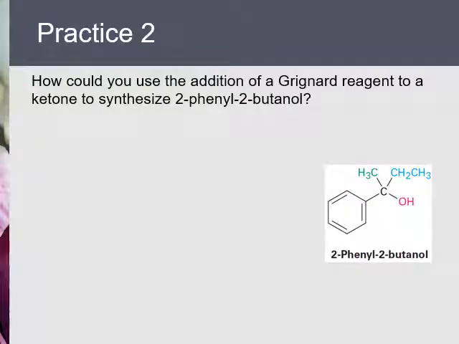Practice. How could you use the addition of Grignard reagent to a ketone to synthesize 2-phenyl 2-butanol? Now remember, in Grignard reaction, carbanion attacks ketone to form alcohol, and the final product has an extra alkyl group that comes from the Grignard reagent.